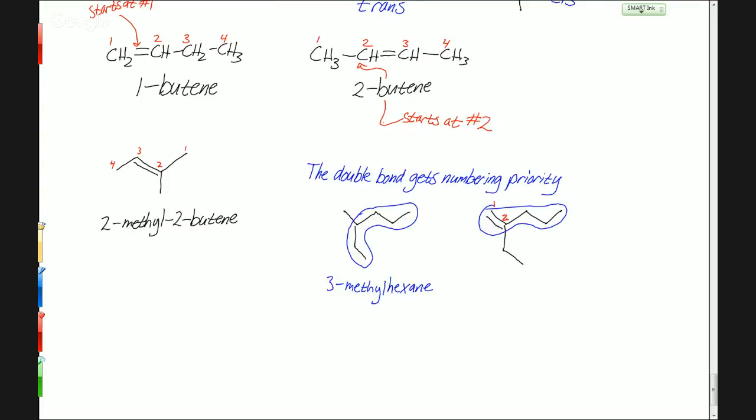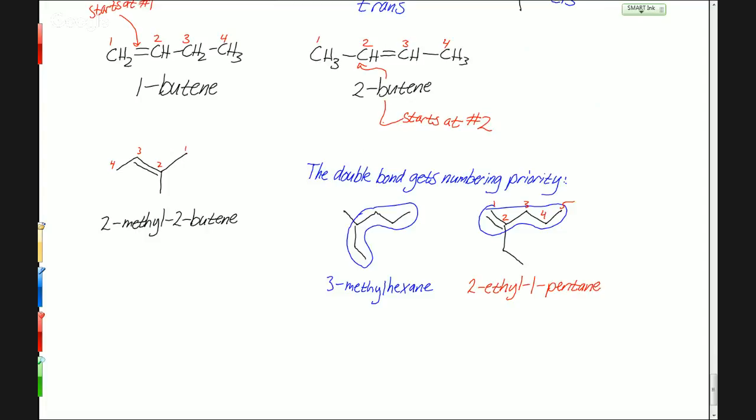So now we have to number it like this and call this 2-ethyl-1-pentene, because the double bond gets the priority as part of that main chain as number 1.